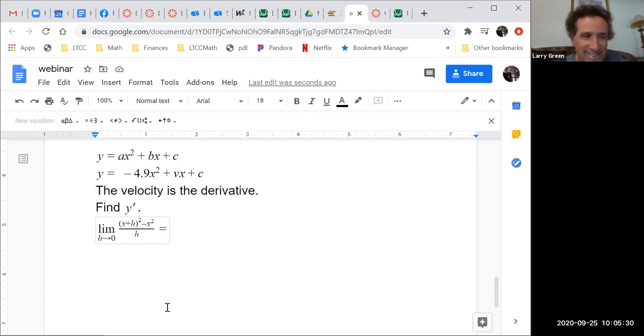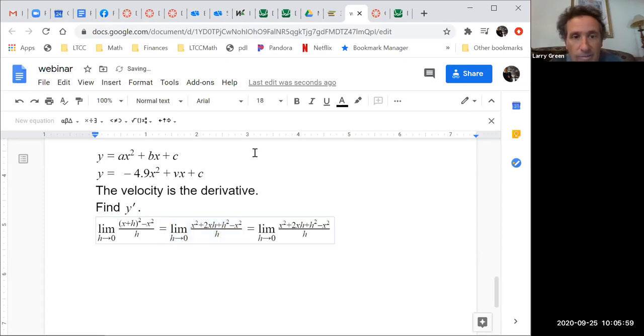Okay, so this is equal. Now what I'm going to do is FOIL. X plus h squared is x squared plus 2xh plus h squared. And then I can say, well, I have an x squared minus x squared.